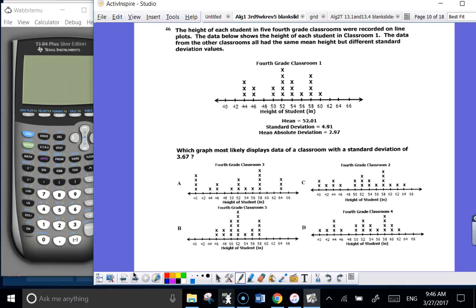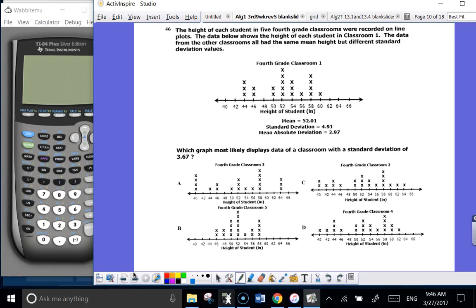The mean is 52.01, standard deviation is 4.91, and mean absolute deviation 2.97. They want to know which one of these 4 would have a standard deviation of 3.67. Well, the standard deviation of classroom 1 was 4.91, so 3.67 is less than that.